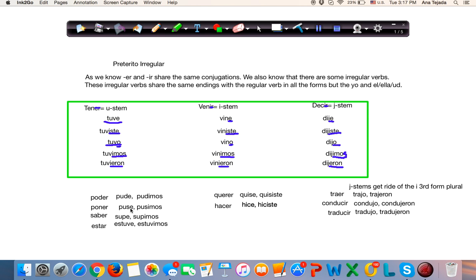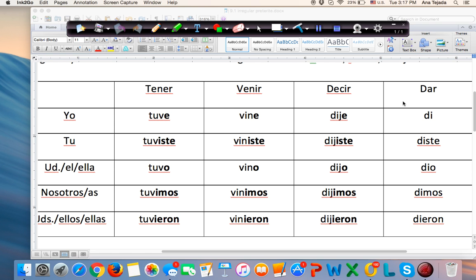Okay? Now we're gonna look at this table here, but we're gonna look at one more verb. It's the verb dar, to give. So the verb dar is just the same as the regular preterite endings of ER and IR, except that these do not have accent marks. So look, instead of the A or the E, we're gonna have an I, an E. So remember, for these irregular preterite verbs, we have E at the ending of the yo form.